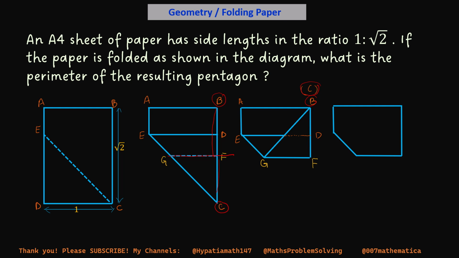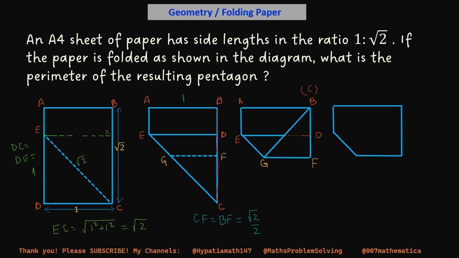Okay, so then I start to write down the side lengths, and DC would be equal to DE, and that is 1, and that would mean that EC is equal to root 2, and AB is 1, and then you see CF is equal to BF.